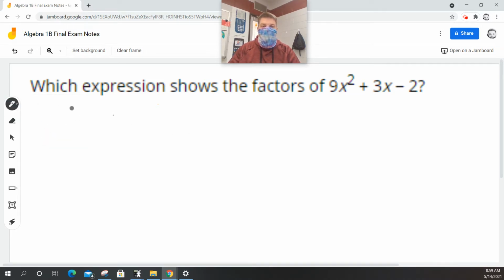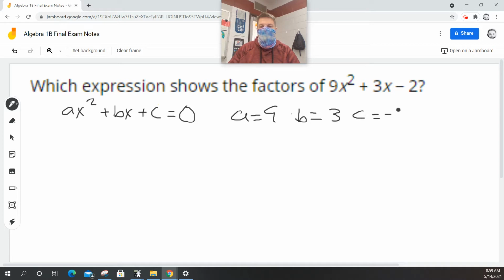But remember that this is written like ax squared plus bx plus c is equal to 0. So we would consider this to be a equals 9, b equals 3, and c equals -2.